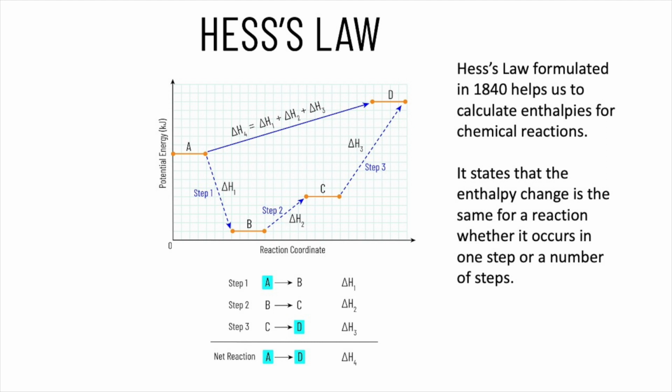So if we use this example and we're looking at delta H4, the enthalpy change from A to D, we don't have to carry out that reaction of converting A to D in 1 step, because we can just work out the enthalpy changes of A going to B, and then B going to C, and C going to D, and by adding them up we can calculate the delta H4 value, the value from A to D. And this is useful because it might be that the reaction converting A to D might be violent or too dangerous for us to carry out, or it might be over too quickly.